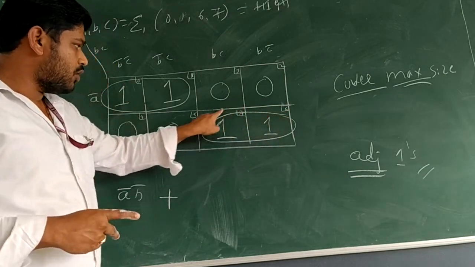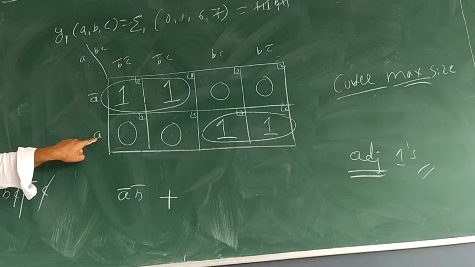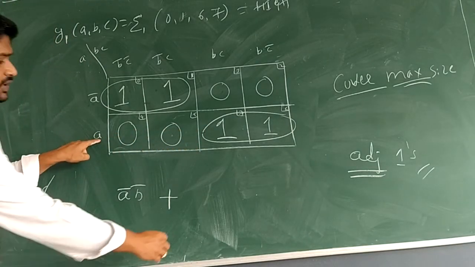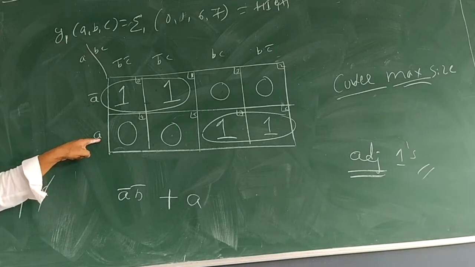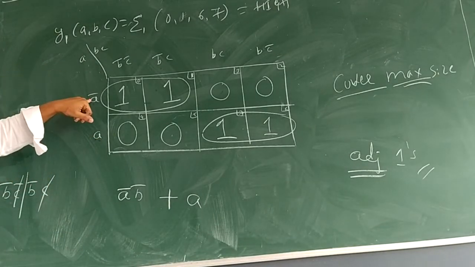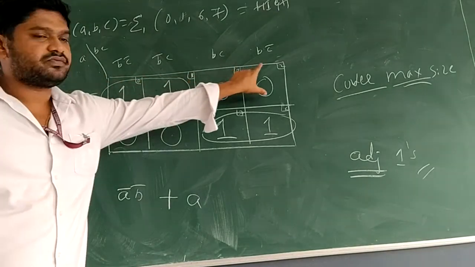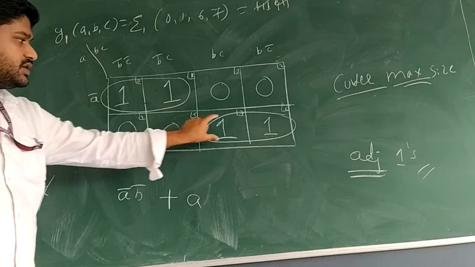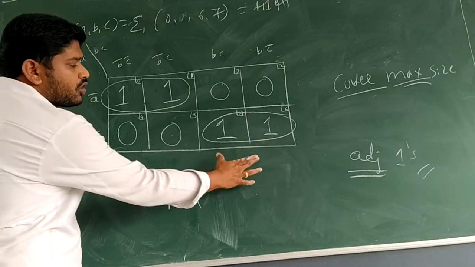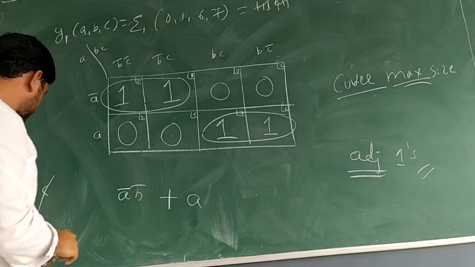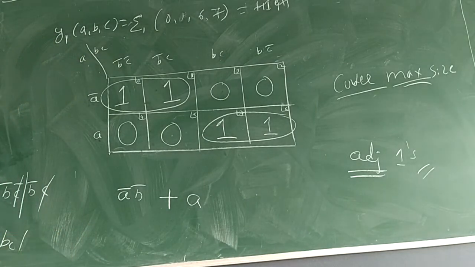Cover 2 belongs to the second row. So second row means definitely it is A, not A complement like earlier, because A complement means first row, A means second row. So now what are the columns participating? One is BC and another one is BC complement.